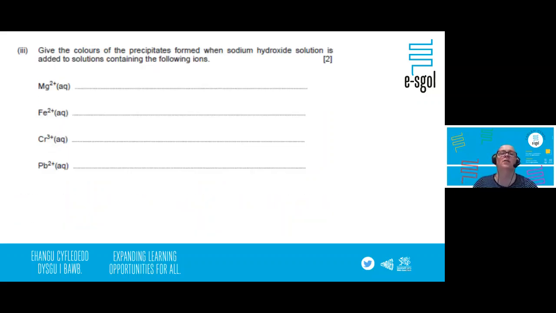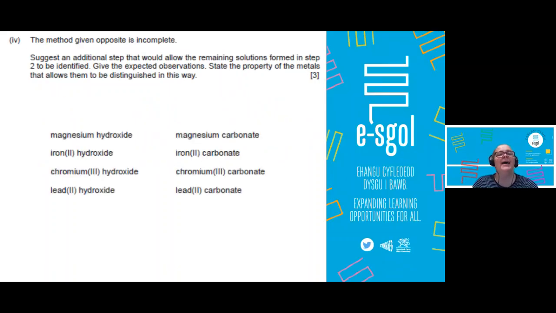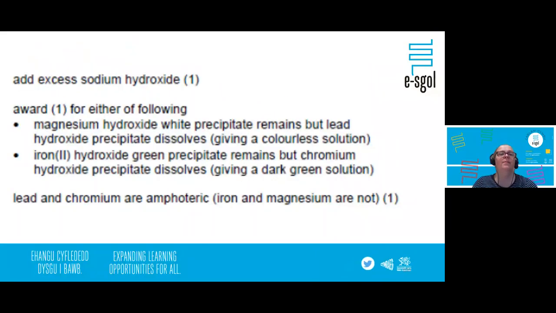So you get a white precipitate for magnesium because it is an s-block element and they don't have coloured compounds. Iron would initially form a green precipitate, and chromium a green one. Lead is a p-block element, so it isn't coloured in most compounds, giving a white precipitate. If you add excess, magnesium remains as a precipitate.